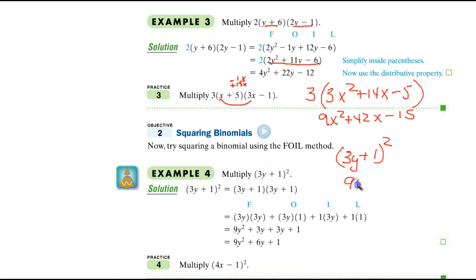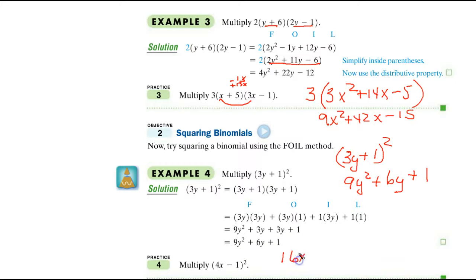That gives you 9y squared. Multiply these two terms together. That gives you a 3y. Double it. And square the last term. That's even shorter than doing the FOIL. Okay?